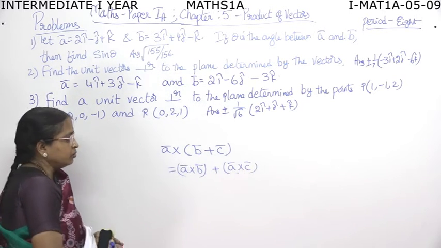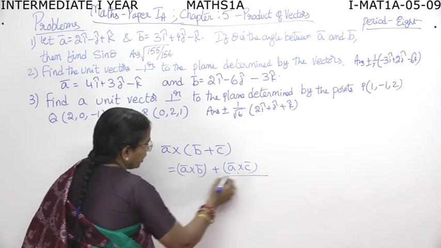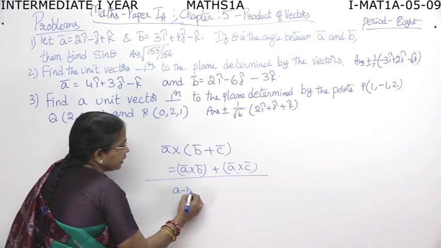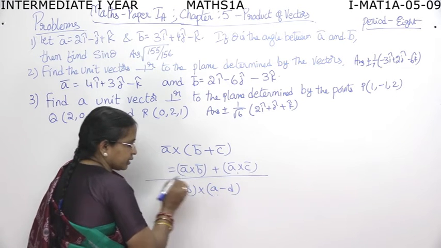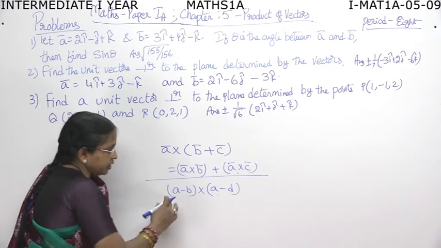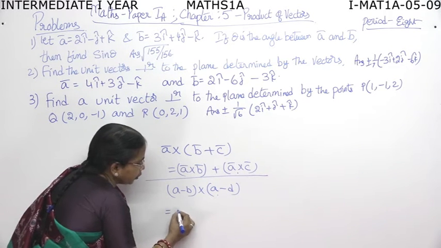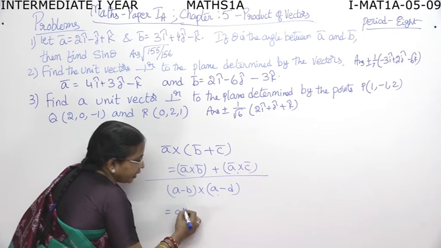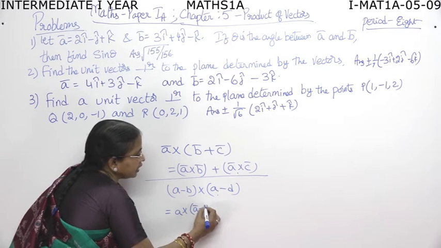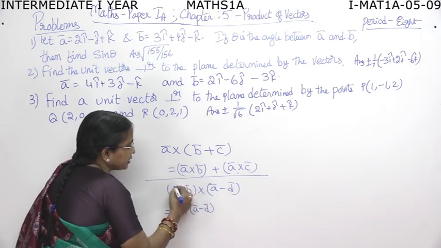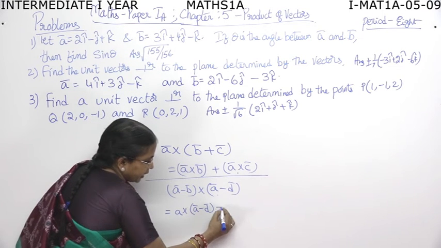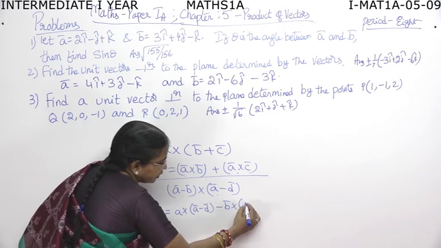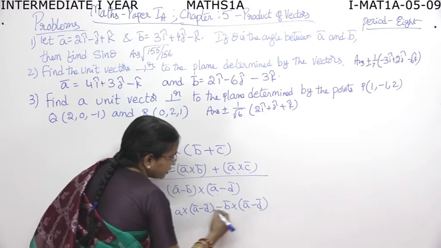Now suppose that you have some A minus B cross A minus D, like this. Then the expansion is equal to A cross of A minus D, minus B cross of A minus D. These are all vectors.